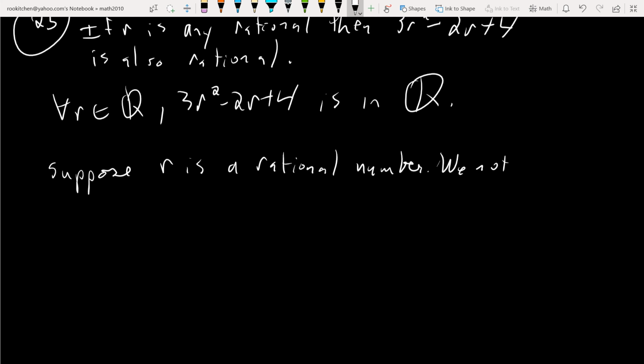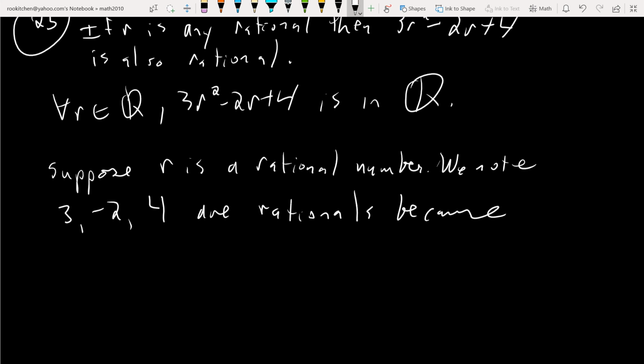We note these other pieces like 3, negative 2, and 4 are rationals because of theorem 4.3.1, which says that every integer is a rational number. So I don't have to reprove that each one of these is a rational number. I think that was also exercise 11.